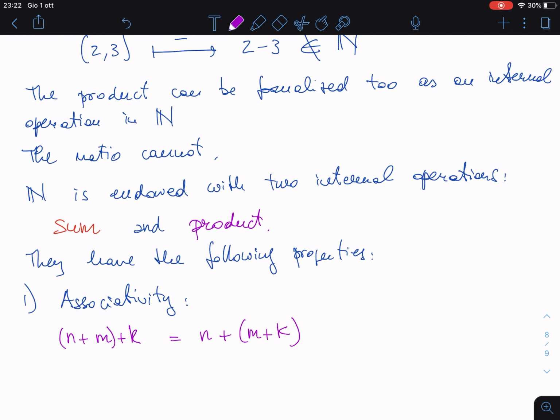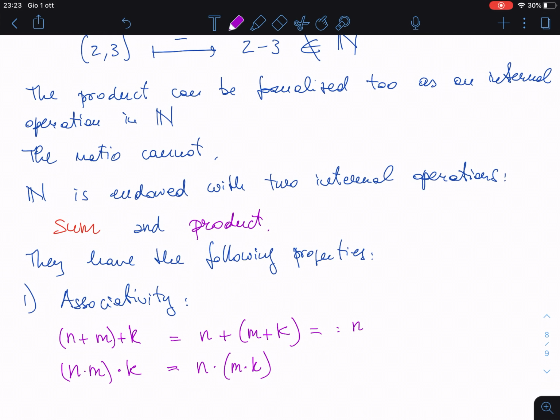For instance, here you have that (n dot m) dot k is equal to n dot (m dot k) between brackets. And associativity, as it was for logical connectives and for operations between sets, is the property that allows you to get rid of the brackets.